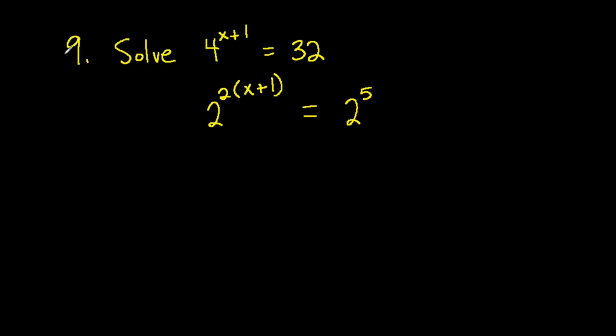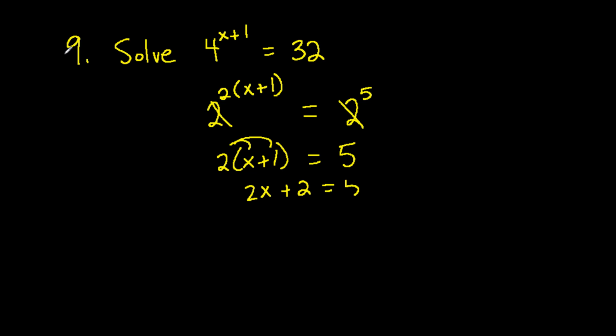There's a one-to-one property that says that if we have an equation and the bases are the same number, then that means the exponents are also equal. So we can basically think of it as canceling these and setting the exponents equal, and then we can solve the problem from there. Distribute the 2, 2x plus 2 equals 5.